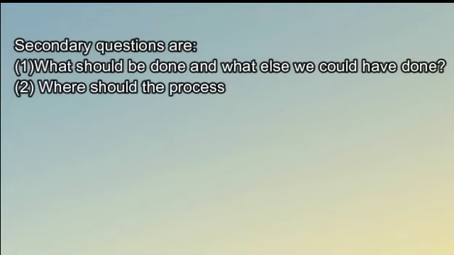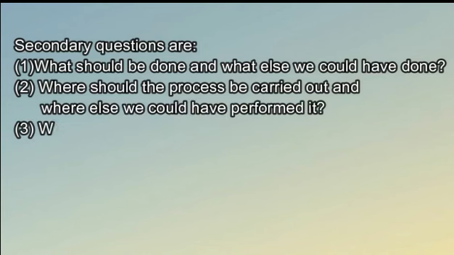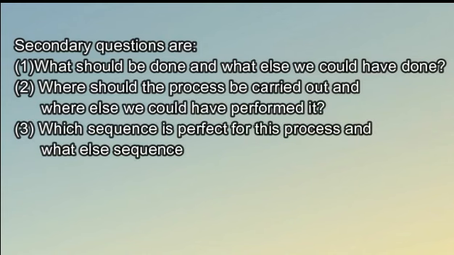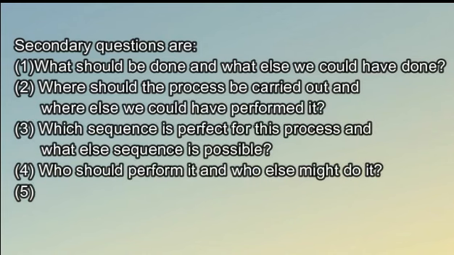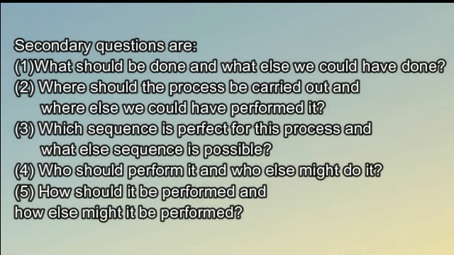Secondary questions take into account the second stage of questioning technique. Here the answers to the primary questions are further subjected to questions. Secondary questions are: first, what should be done and what else could have been done? Second, where should the process be carried out and where else could it have been performed?